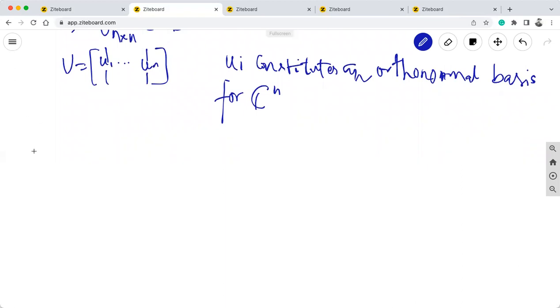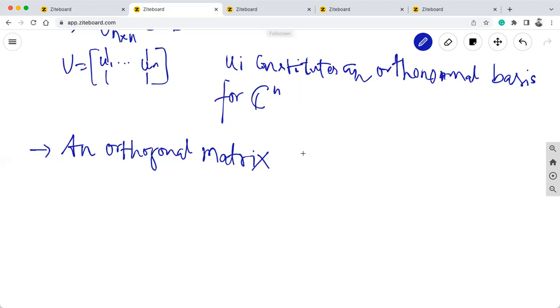Now, the orthogonal matrix. An orthogonal matrix is sometimes represented by the capital O notation. For simplicity, we take a P notation.